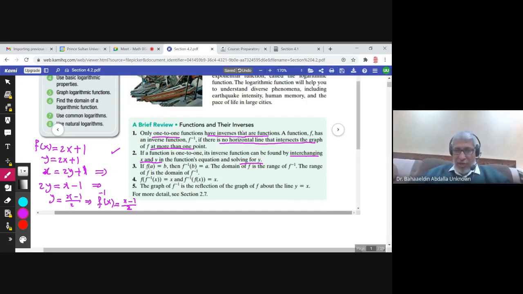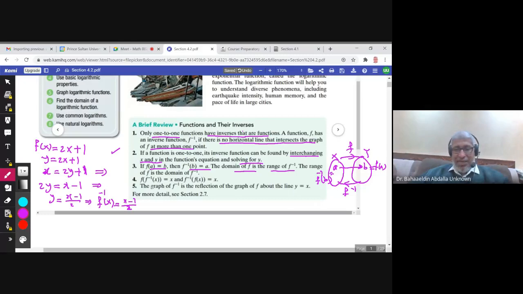That is, if the function f takes A to B, then f inverse takes B to A. So if this is x and this is y and this is the function f, and this is A and this is B, then B is f of A. And if we define f inverse, then A would be f inverse of B. So the domain of f is the range of f inverse, and the range of f is the domain of f inverse, because here x is the domain of f and it's also the range of f inverse.